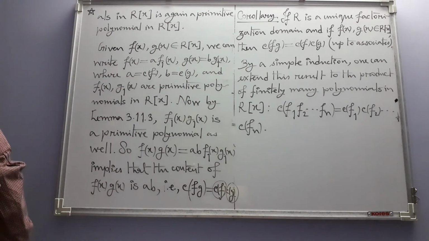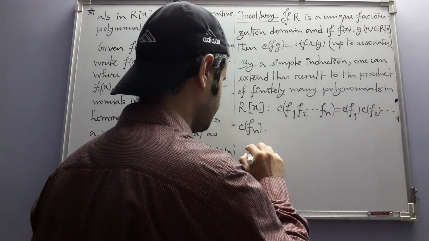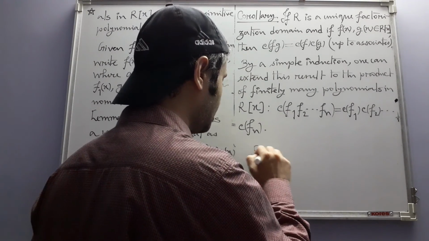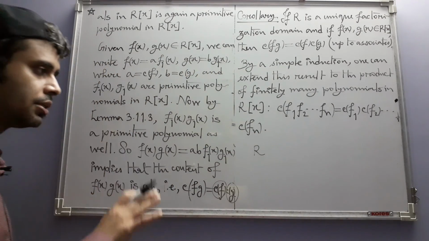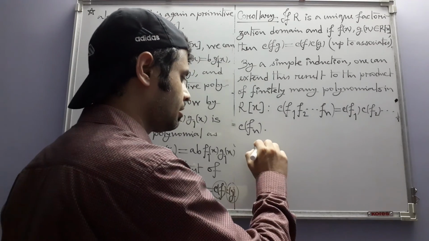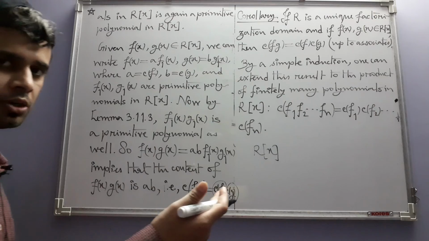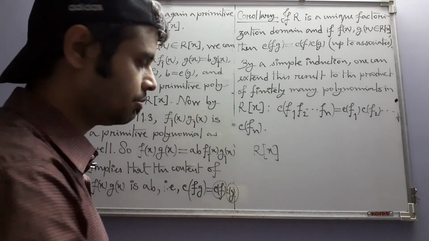There are other results also in this section. We will do that in another video. We will ultimately see that, so far we have seen that if R is an integral domain, then R[x] is also an integral domain, and hence the multivariate polynomial ring is also an integral domain.